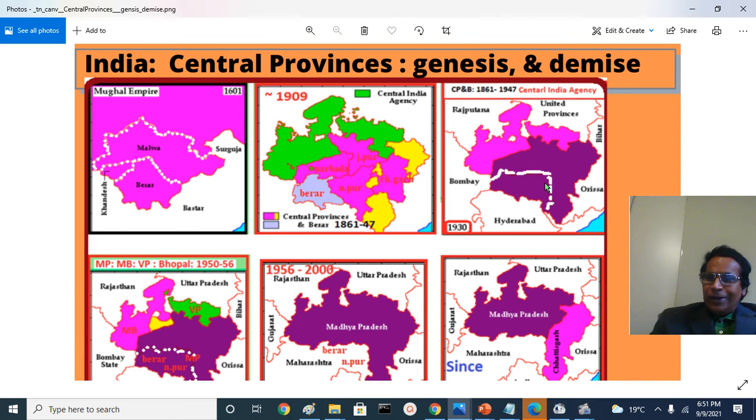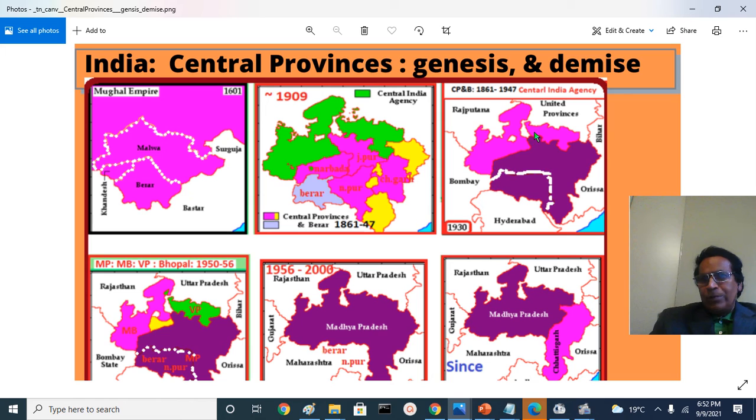From 1948 to 56, almost 8 years. At that time, the northern princely states were merged, like Rewa and Shahdol and Panna here, and Vijaypur, Ajaygarh and so on, Orchha, and they were designated as Vindhya Pradesh because of the Vindhya mountains, an important physical feature of that area.